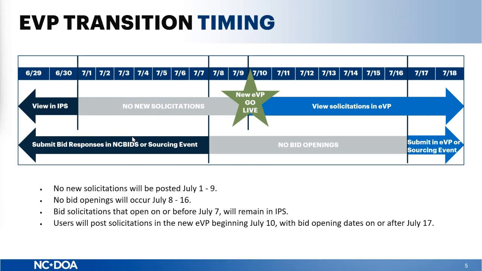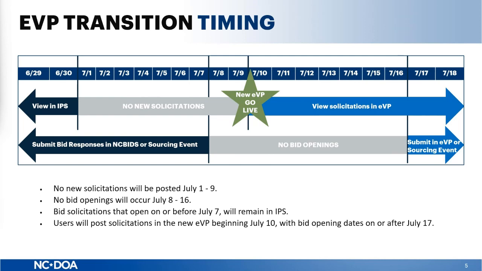The last thing before we shift on to the next phase of our webinar would just be to say that IPS's last day in existence is going to be October 10th. So if you try to look up IPS on October 11th, it will be gone. And the reason for that is if there are some solicitations that were already opened and concluded in IPS now, you have until August 10th to post that award.